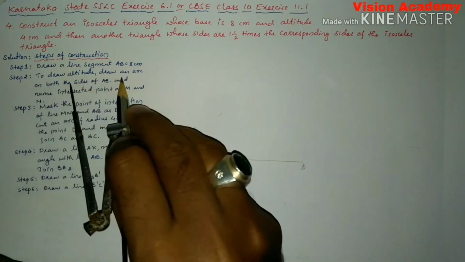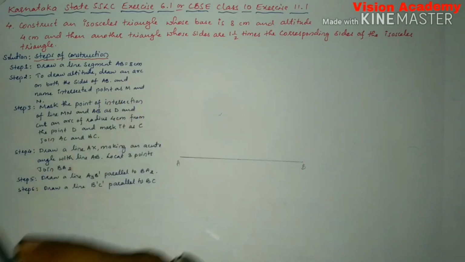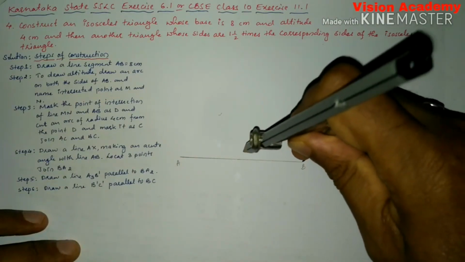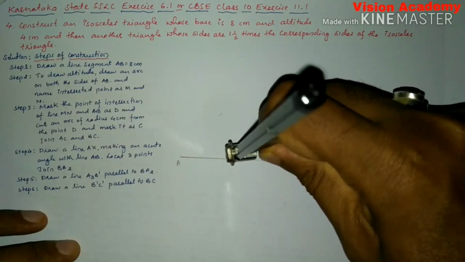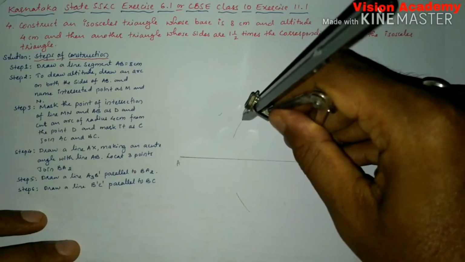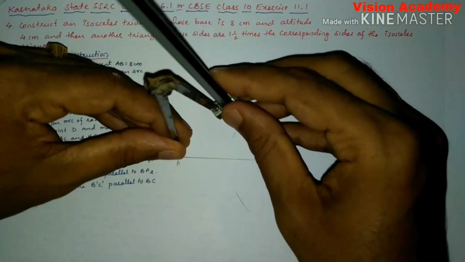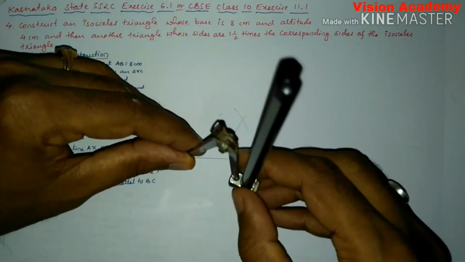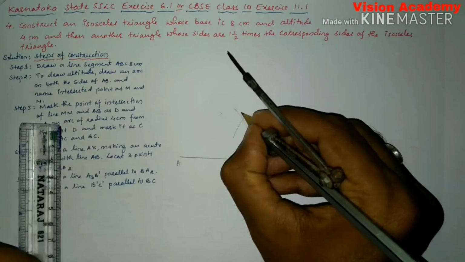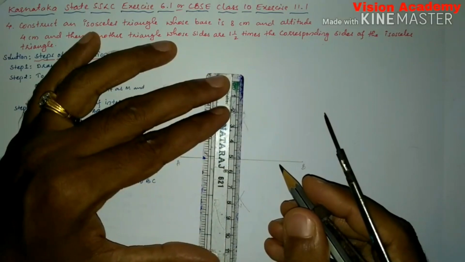To draw the altitude, draw an arc on both sides of AB and name the intersected points as M and N. So we'll have to take more than half of this length and cut on this side and even on the other side of AB. Similarly, keeping on point A, cut here and here also. Here we got the intersected points and name them as M and N. So let us join both of these two points.